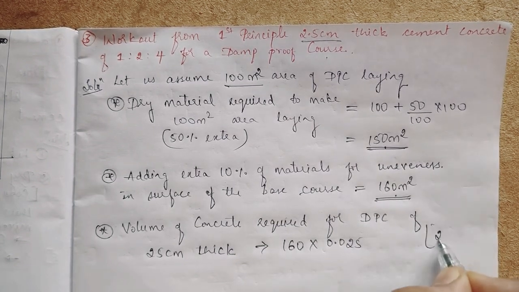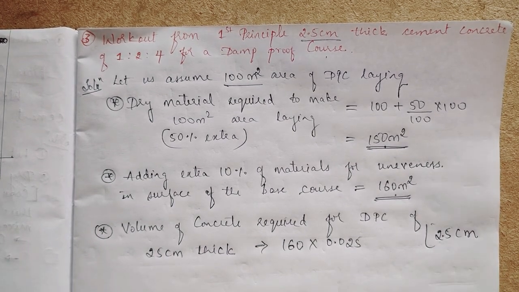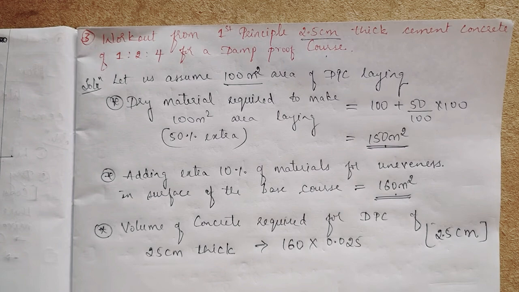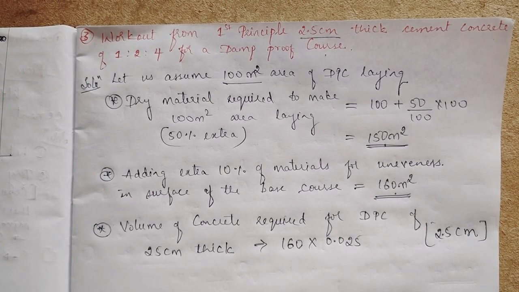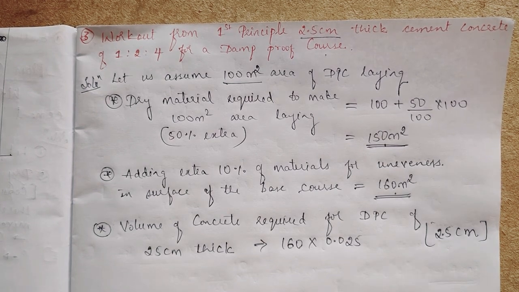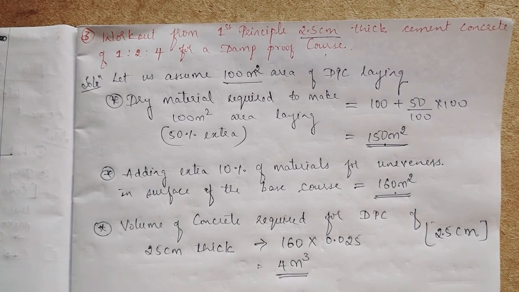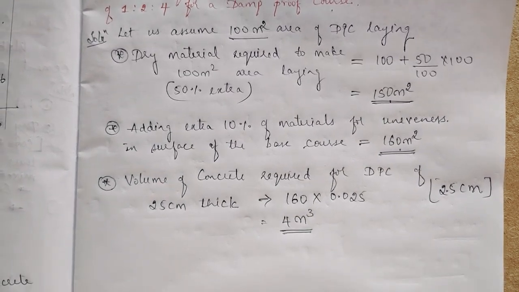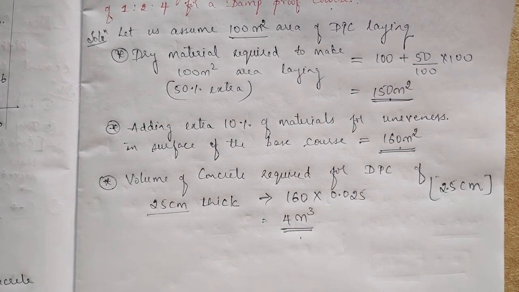Why? We have to lay 2.5 centimeter thick cement concrete. When I convert it to meter, we get 4 meter cube. So the volume of concrete required for DPC is 4 meter cube.